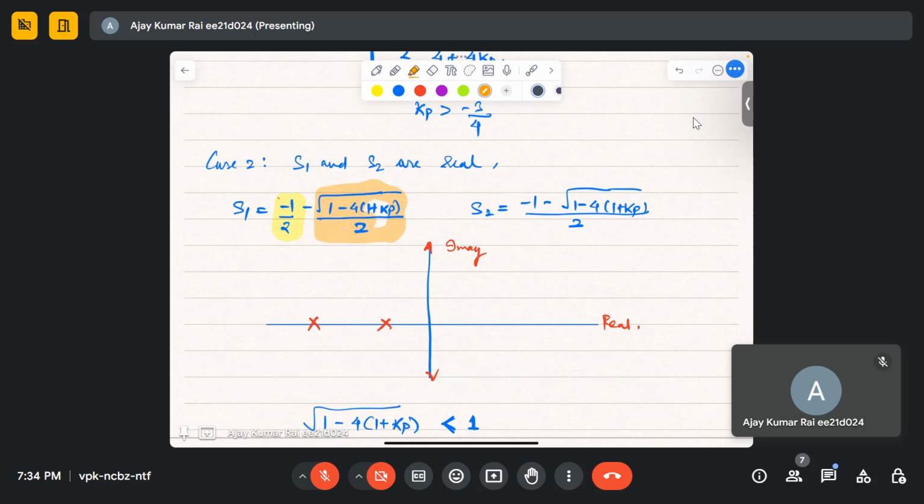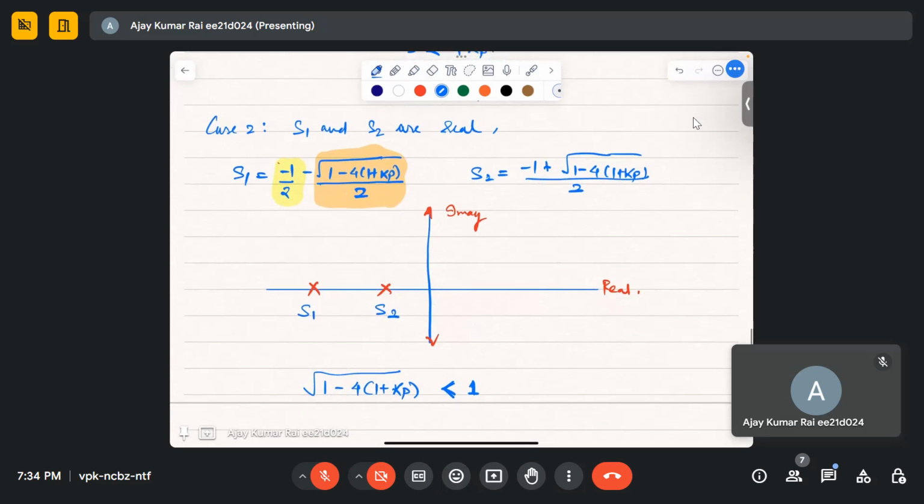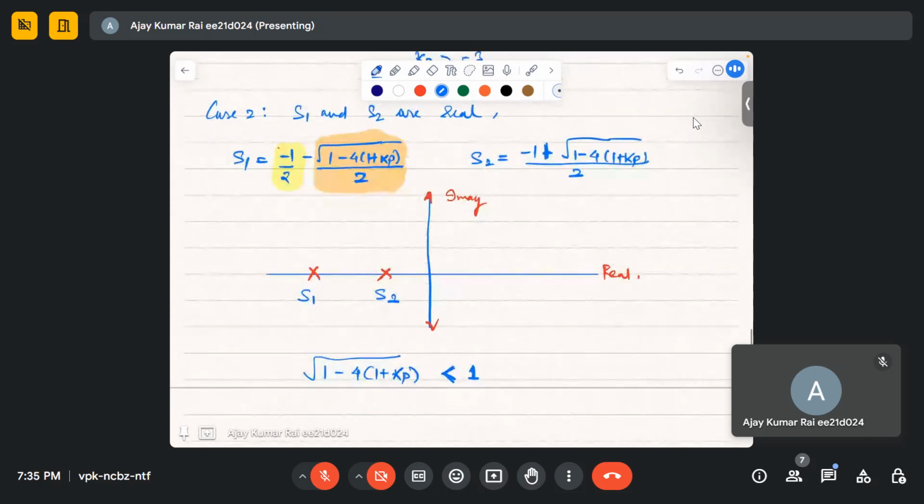And what we want is the system to be like this: S1 more negative than S2, right? Let me call this plus. So you want this scenario also, where the system is stable if the roots are lying like this. For that, what should happen? The second part should be less than the first part in magnitude.